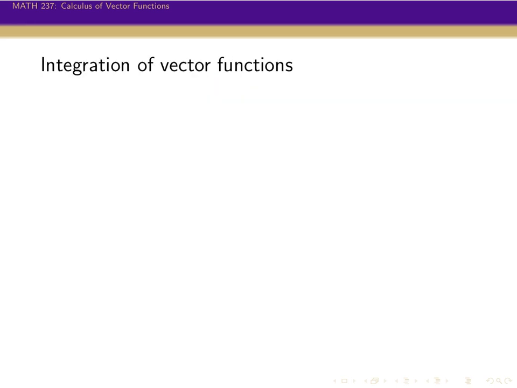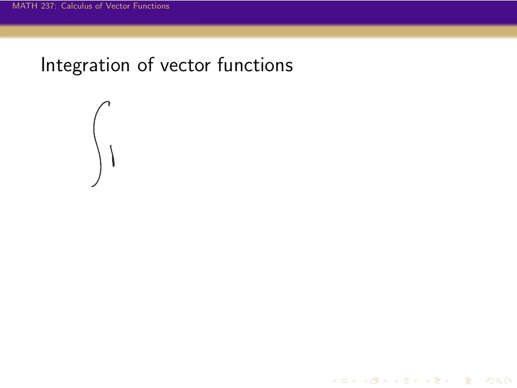Okay, so last but not least, and I'm not going to speak very much about this, what about integration of vector functions? Well, we've already done this a little bit when we did the example starting with the acceleration vector and then going to the velocity vector and then to the position vector. And so what did we do? Well, since the derivative is done component by component, integration is just the mirror image of that. Integration is also done component by component.